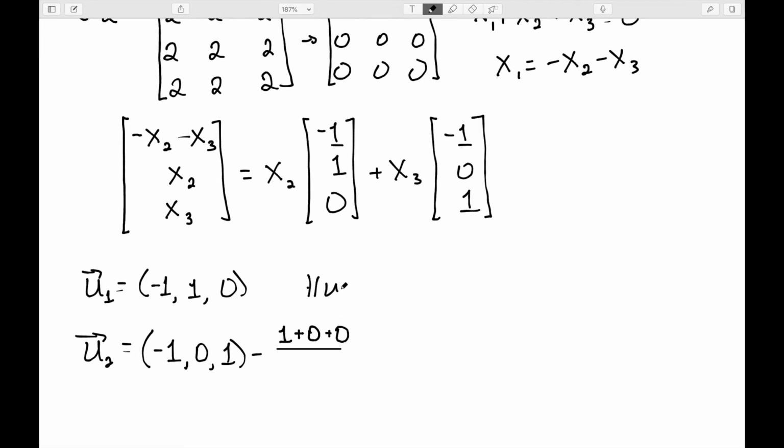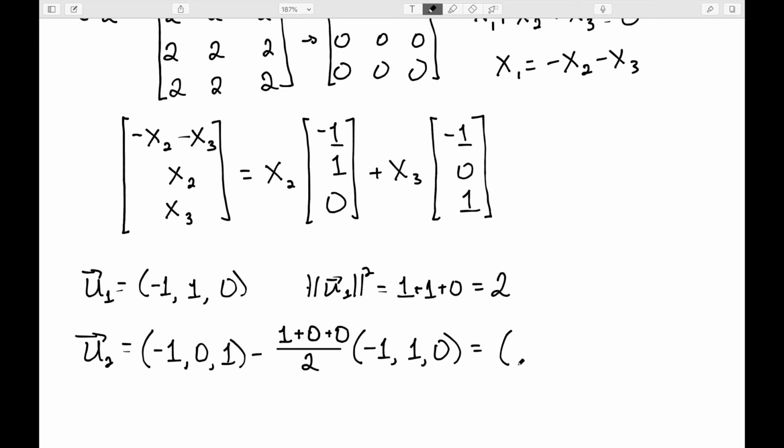So the norm of u1 squared would be -1 squared plus 1 squared plus 0 squared, which is 2, times u1, -1, 1, 0. And if we work this out, we would get -1/2, -1/2, 1.